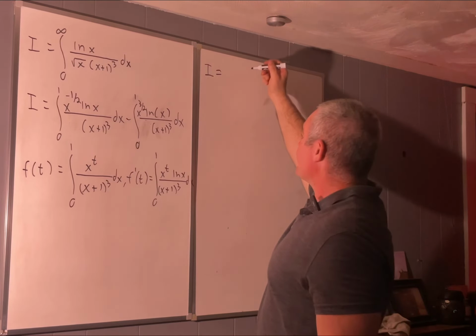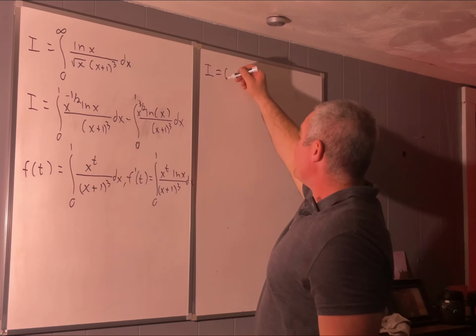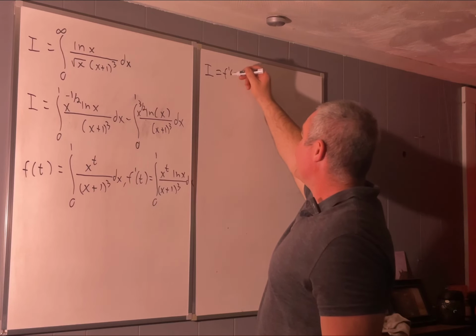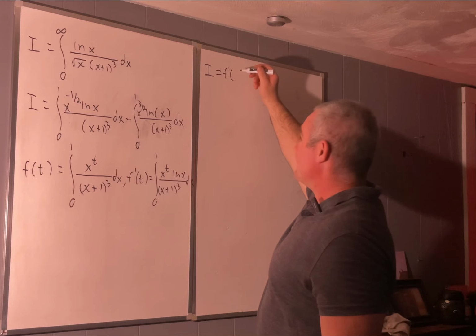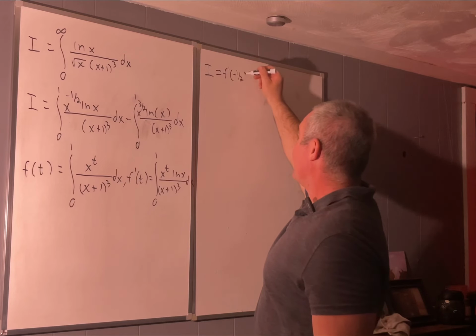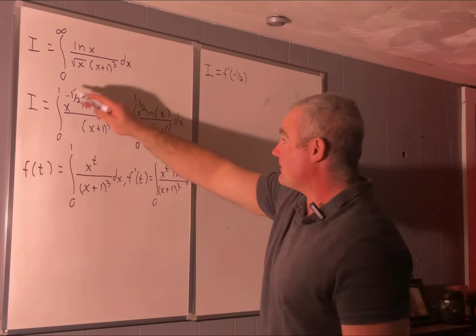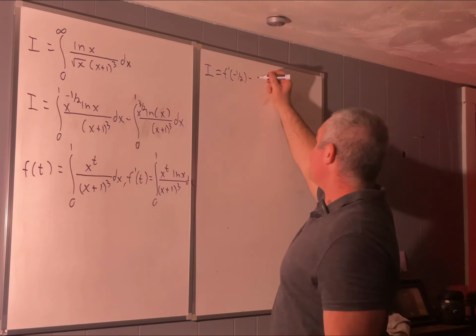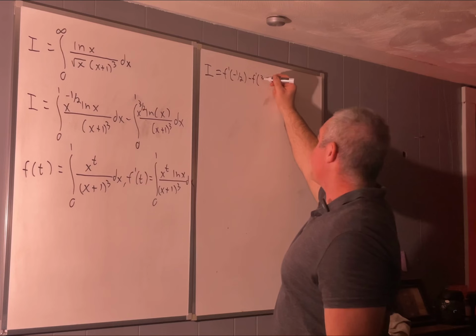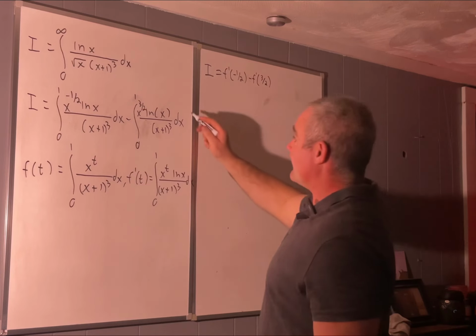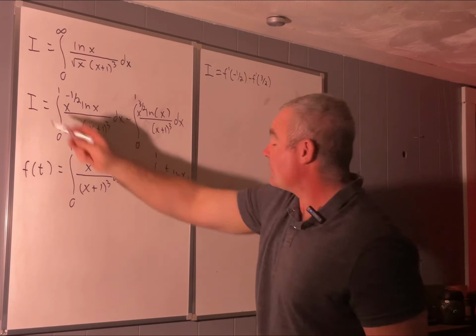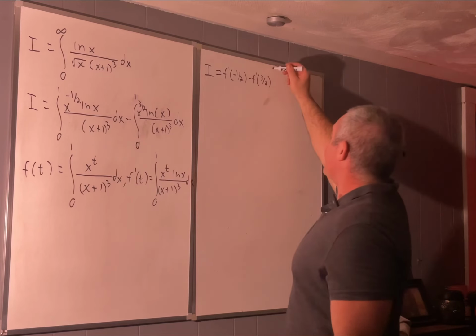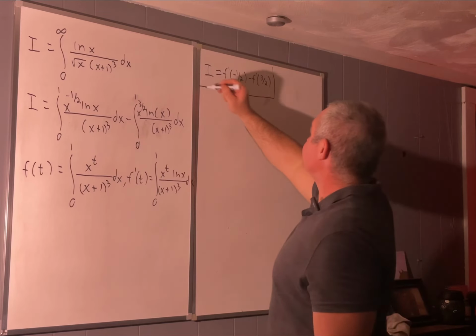I is going to be equal to f prime evaluated at negative 1 half, that will give us this part, and then minus f prime evaluated at 3 halves. That would give us this part, which equals I. And I'll just put a box around this.